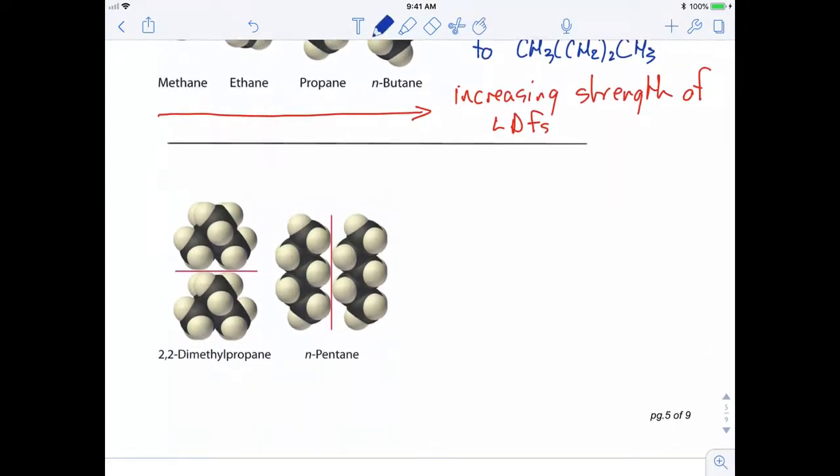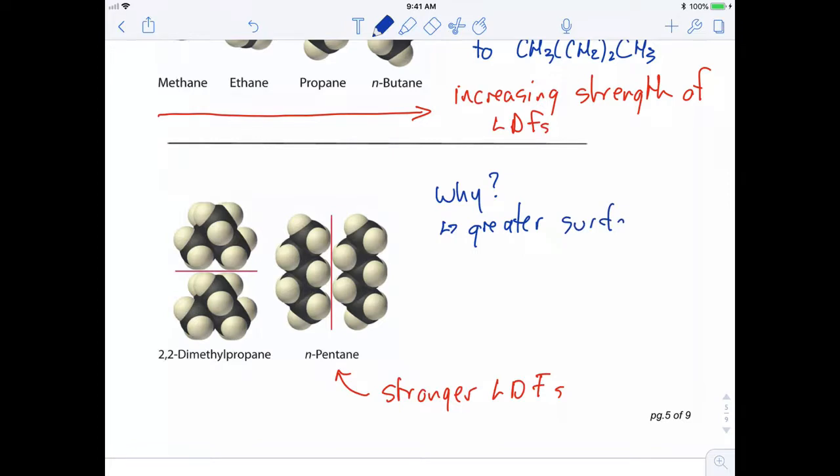Here's another example, 2,2-dimethyl propane, which, if you think about it, is almost like a ball, and then pentane. So a 5-carbon pentane chain, which is more like a stick. And so which one would have the greater boiling point? Well, pentane does, because it has stronger London dispersion forces.